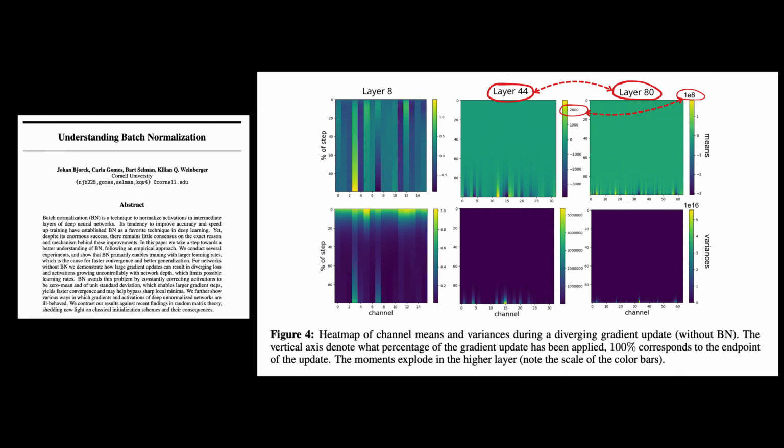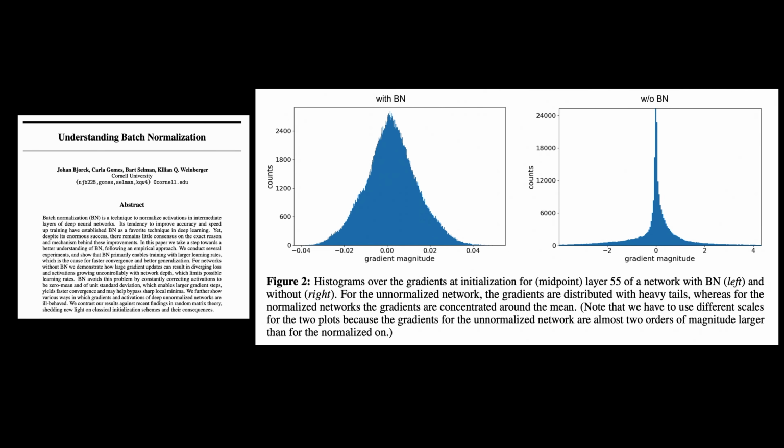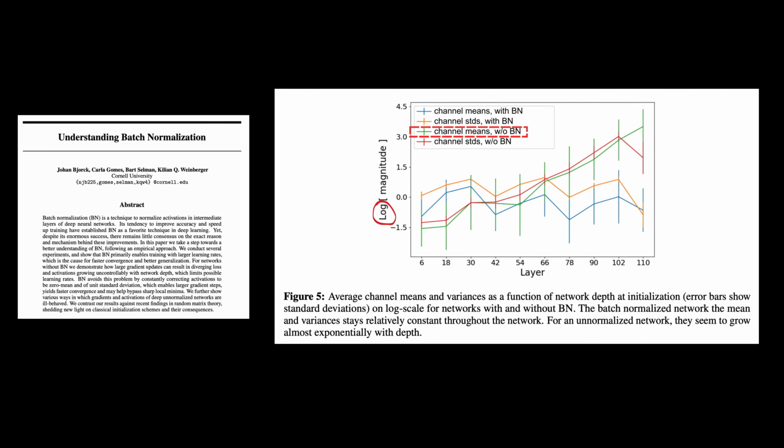This progressive growth of activations is even true right at initialization. Looking at gradients at initialization for a middle layer, we can see the difference in gradient magnitude with and without batch norm. And when we plot the mean and variances, it's clear that for the unnormalized network, the activations grow exponentially. And again, this is at initialization. The authors believe that this huge difference between input and output at initialization itself is what is causing the large gradients.